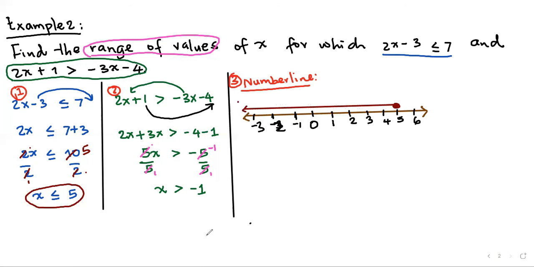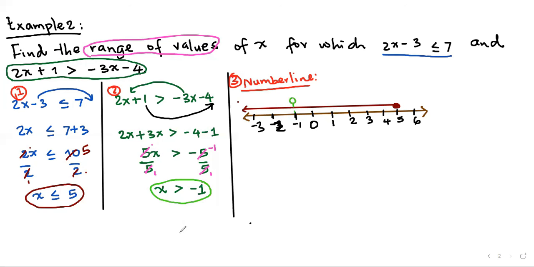Now, after that, we show the second inequality, this one. So we will go at negative 1, which is this one. Because we have more than, we are going to use an open circle.